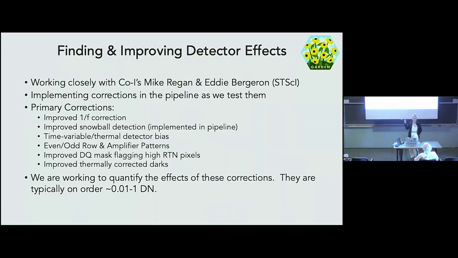Improved snowball detection, that's already in there. Time variable detector bias, even odd row amplifier patterns. Is there scratching? I don't know if there's a bug somewhere. Improved DQ mask flagging for high random telegraph noise pixels, improved thermally corrected ducts.